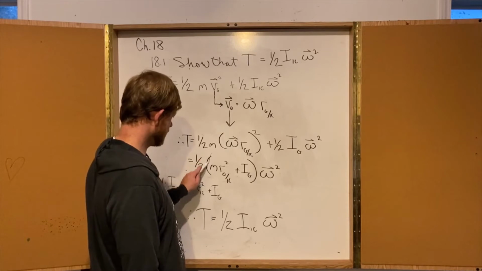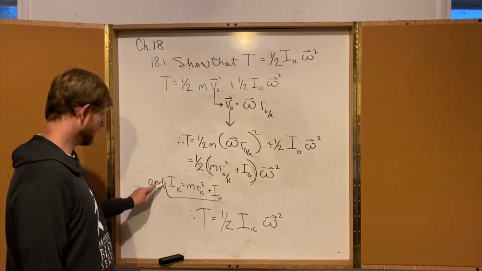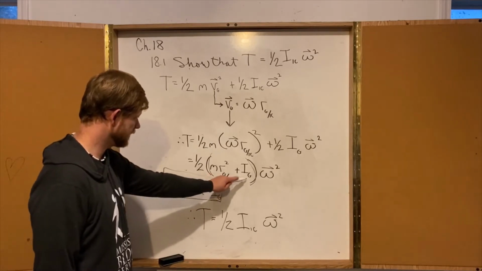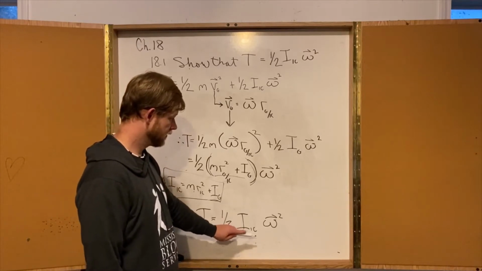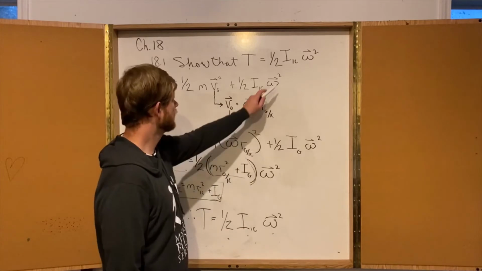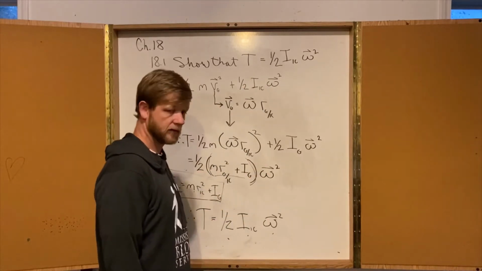Well, we see that this here in the parentheses is equal to this right here, IC. Therefore, if we replace this with this, we get 1/2 the inertia times the angular velocity squared, and we answer what we were looking for, and that's how the math works.